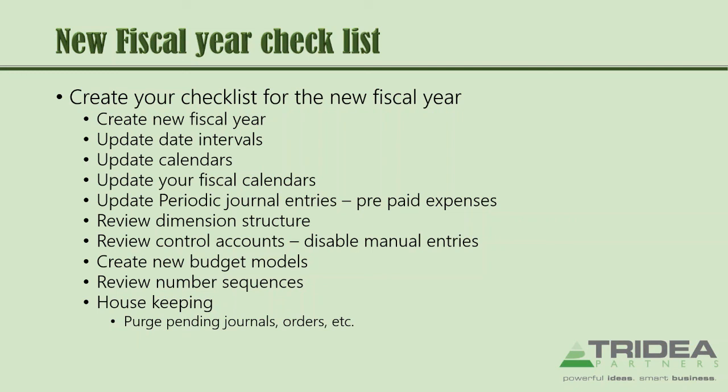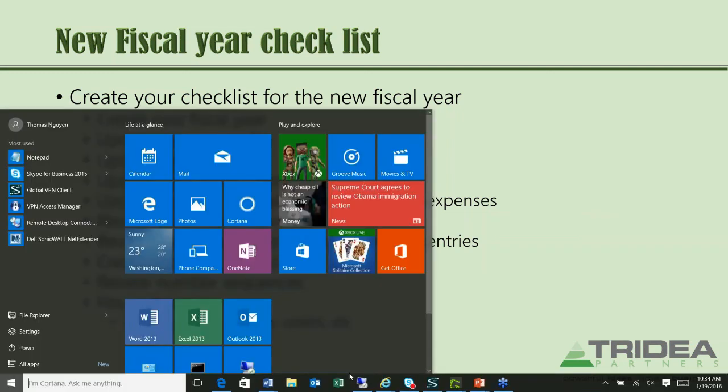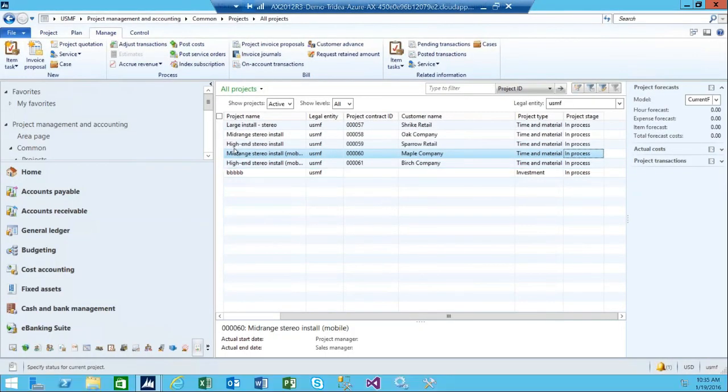The next piece, we do recommend you review control accounts. Control accounts essentially are accounts within AX where you don't want any user to be able to key manual entries. And we can actually just bring that up real quick. We have a little bit of extra time.